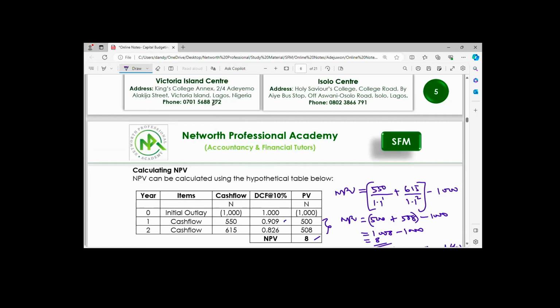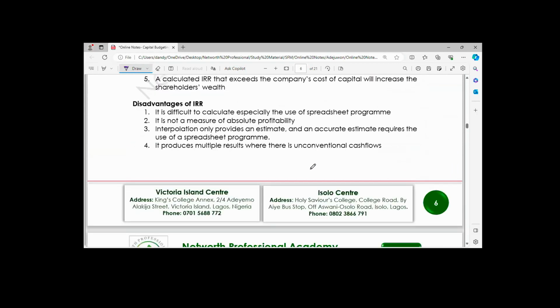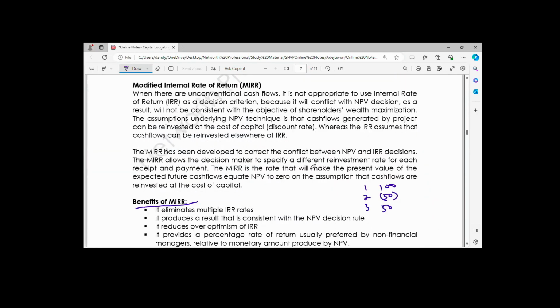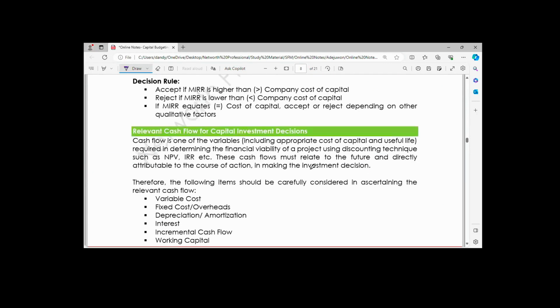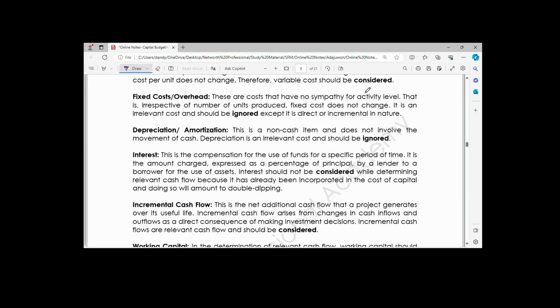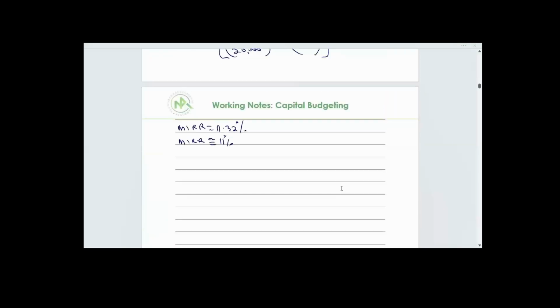If there are no questions, I will stop sharing this and go to our working notes so that I can explain relevant cash flows.